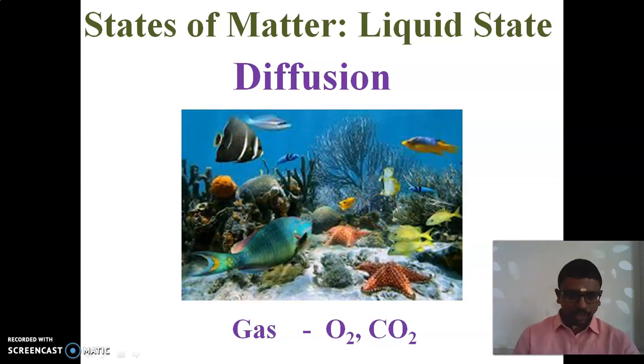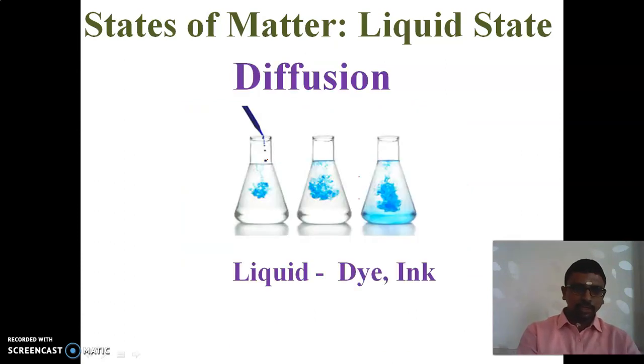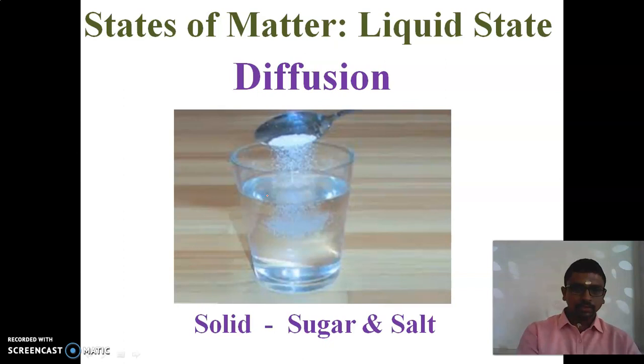Only with that can the aquatic species survive. So inside the water, the oxygen gas will be there. Here also the diffusion process takes place, the intermixing of particles. Here the particles are water and oxygen. Here they are water plus ink or dye. Here they are water plus salt or sugar.